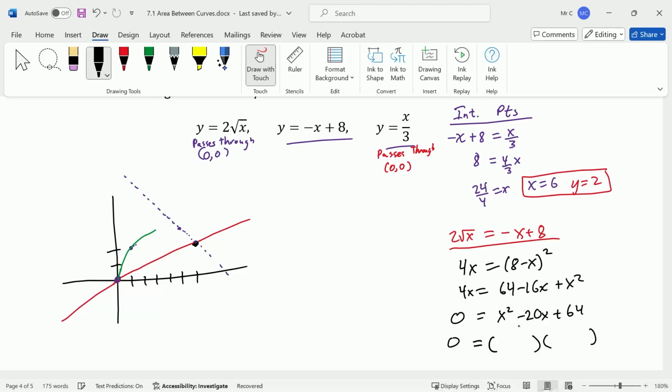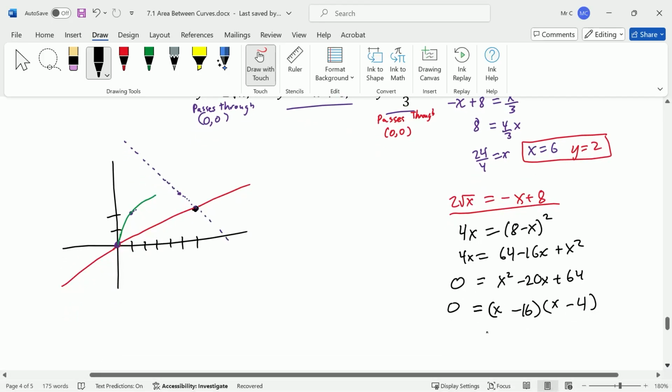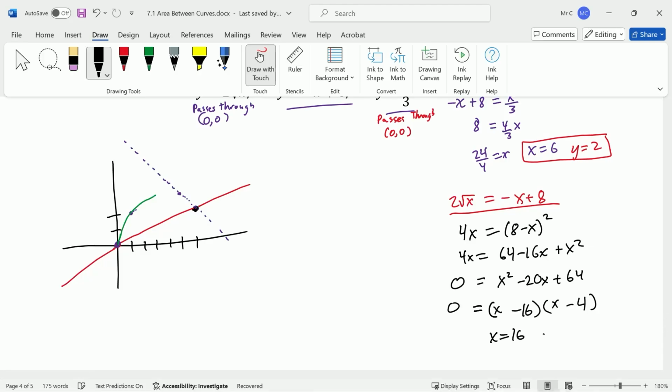So then I want factors of x squared minus 20x plus 64. So I'm looking for factors of 64 that add up to negative 20, which would be negative 16 and negative 4. This gives me x equals 16 and x equals 4.